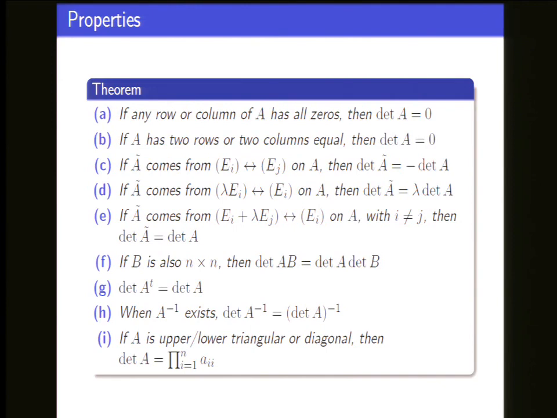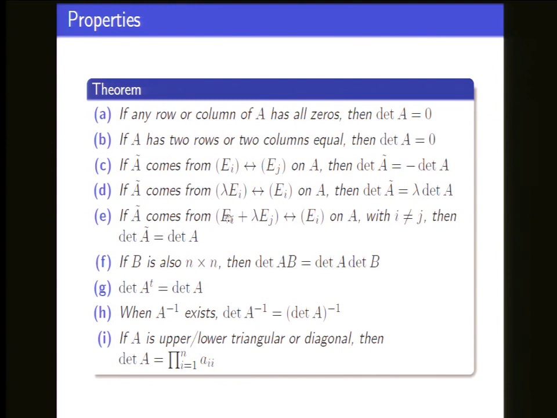In fact, if you look at all these properties, they remind you a lot of Gaussian elimination, but they're about determinants. There are some important things here. For example, if you add a multiple of a row j to a row i, you don't change the determinant. So that means you can do all of Gaussian elimination and the determinant stays the same.